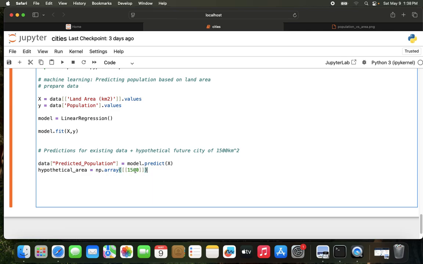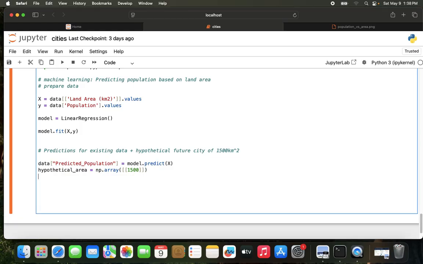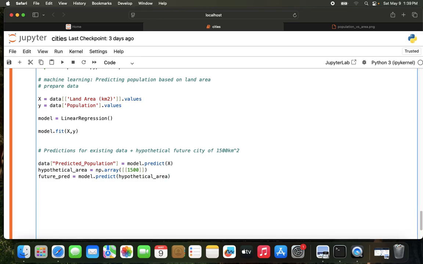So pay attention to this. It has to be nested like this. Okay. So for that we can do future prediction, and then here we can call model.predict, and then pass hypothetical area, like so.